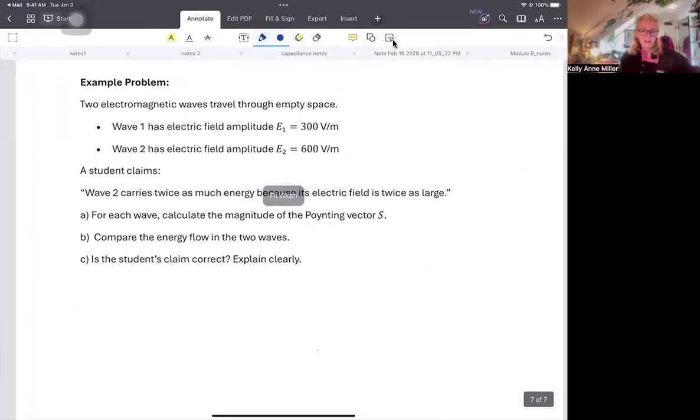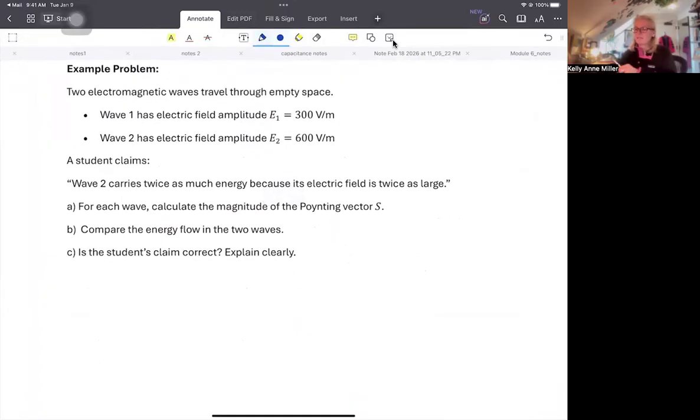Again, I think one that will help you with the challenge, at least one, possibly two of the challenge problems. Okay. So let's say you've got two electromagnetic waves and they're traveling through empty space. One of them has an electric field amplitude of 300 volts per meter, and the other is double that, 600 volts per meter.